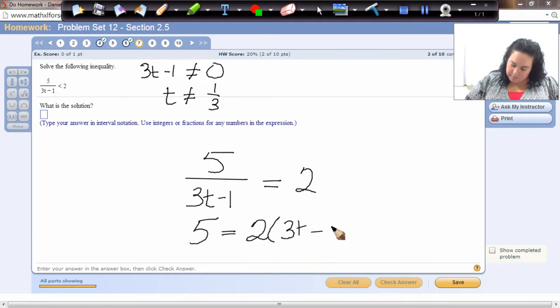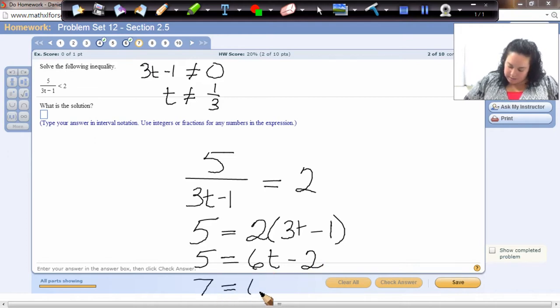Distribute. 5 is equal to 6t minus 2. Add 2 to both sides. 7 is equal to 6t, and then divide both sides by 6. So we get that t is equal to 7 over 6.